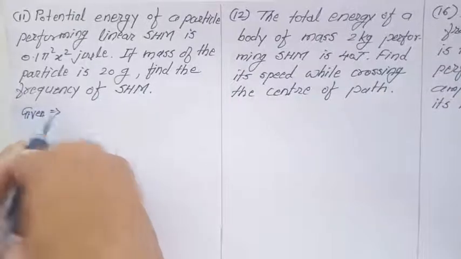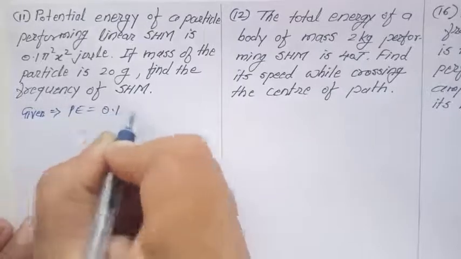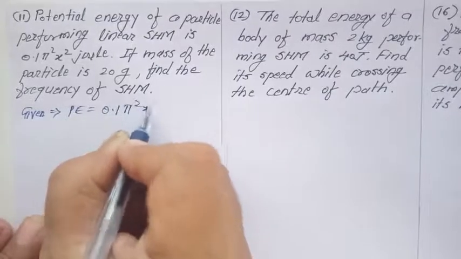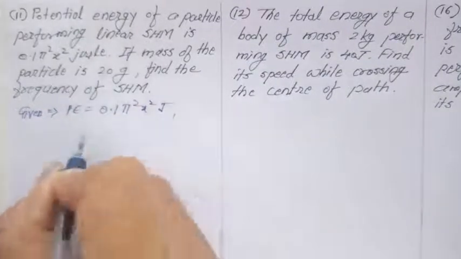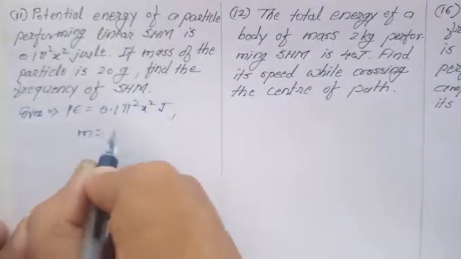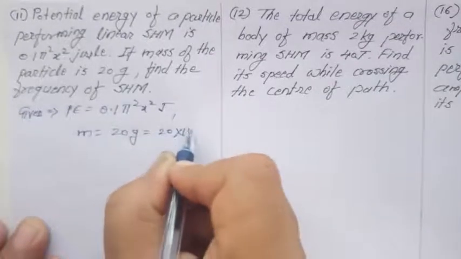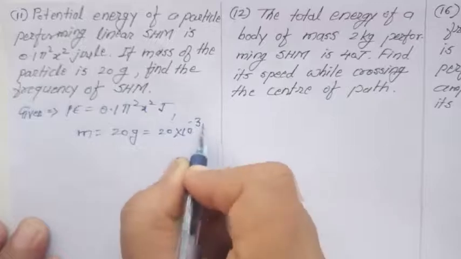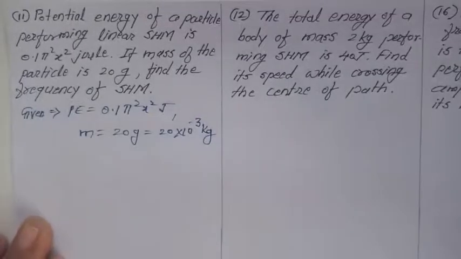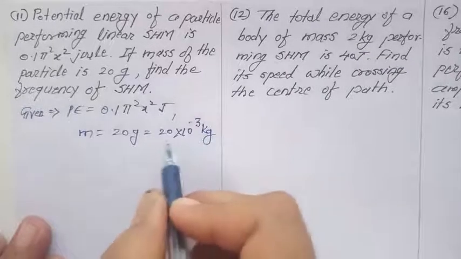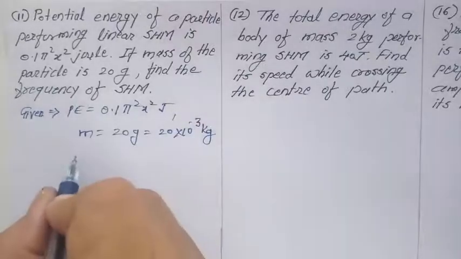You are given the potential energy 0.1 pi square x square joule, and also the mass of the object, that is 20 gram. So I can write here 20 into 10 to the power minus 3 kilogram. I should convert it, the given mass is in gram, I must convert it into kilogram. And what I have to find? The frequency.